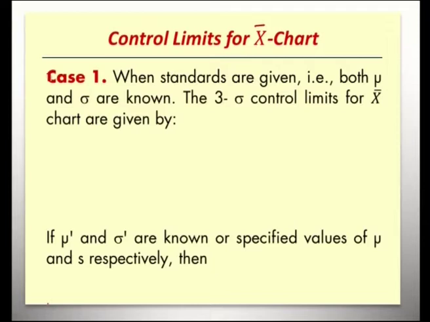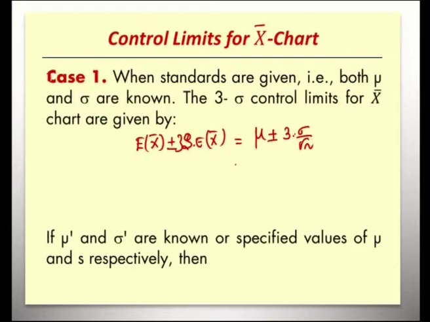So the first case, when standards are given, that is both mu and sigma are known, the 3 sigma control limits for x bar chart are given by the expectation of x bar plus or minus the standard error of x bar, which is equal to mu plus or minus 3 times sigma by root n.